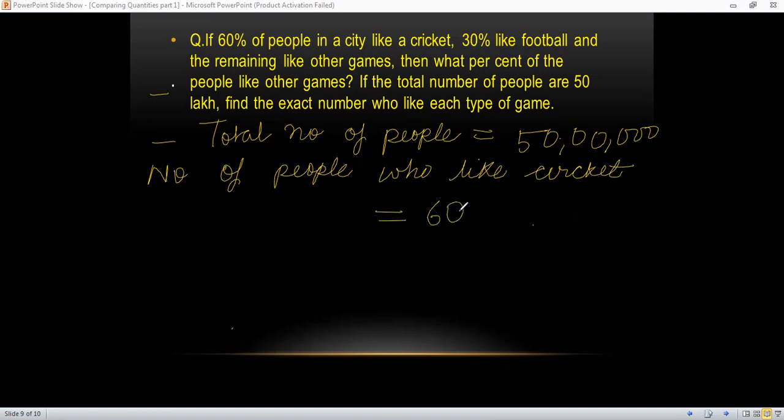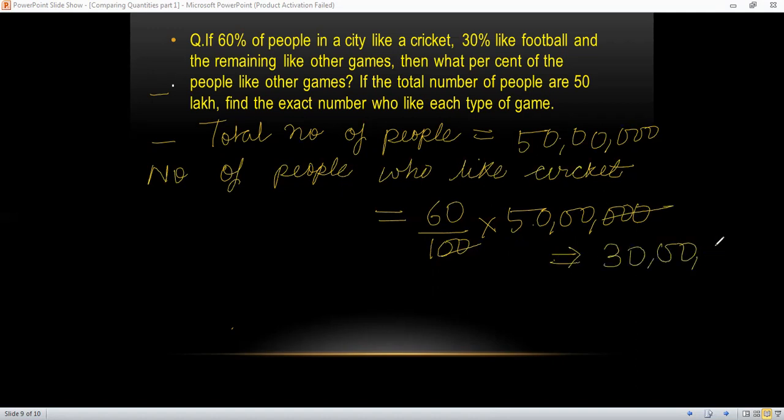So 60% can be written as 60 upon 100 into the total number of people. So this is the number of people who like cricket.